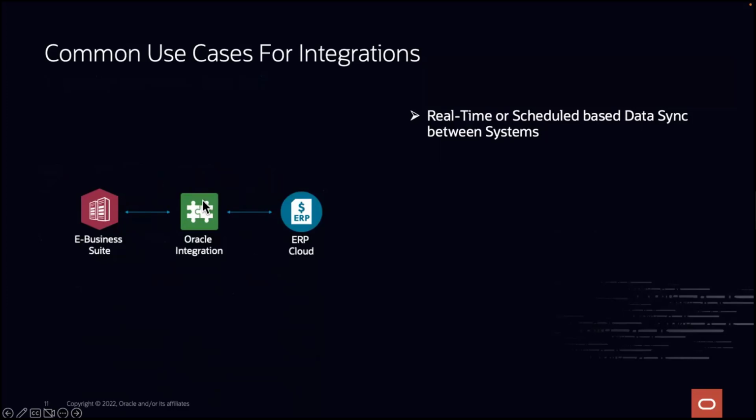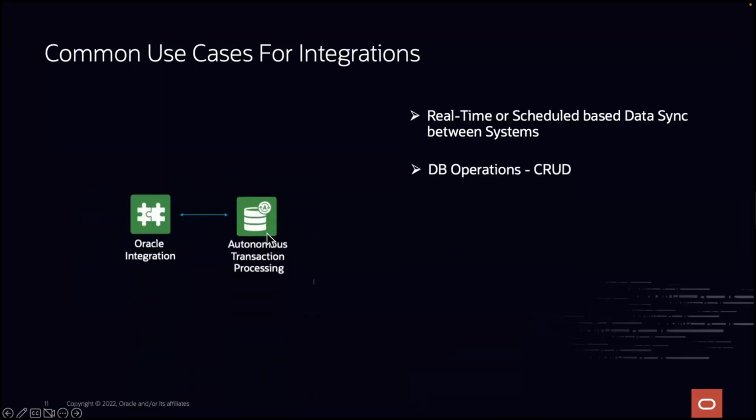It's going to be module by module. As you're migrating to the cloud, you can have Integration Cloud sit in between to sync some of the data between these systems as you start to use the new system.